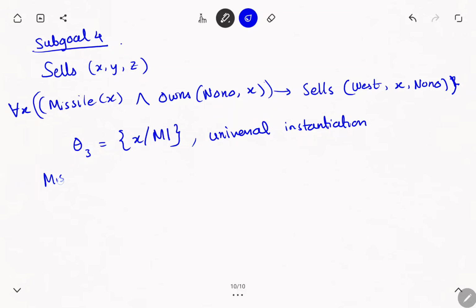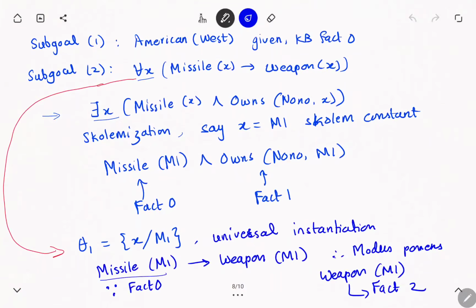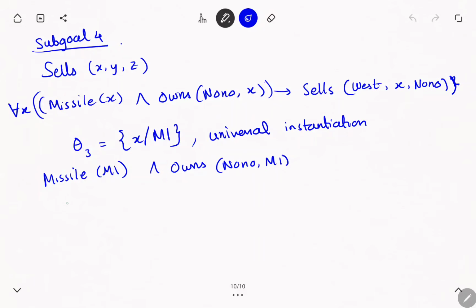Okay, so you get missile M1 and you get owns Nono comma M1, which were our fact numbers 0 and 1 in this case. Okay, so this was because of fact 0, this was because of fact 1. I am writing this on a tab, I am saving some space, but in your answer sheet I hope you write it properly, right in front of it nicely.